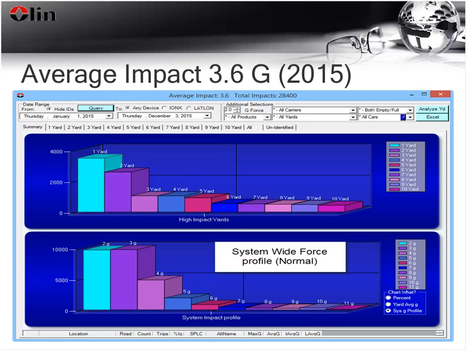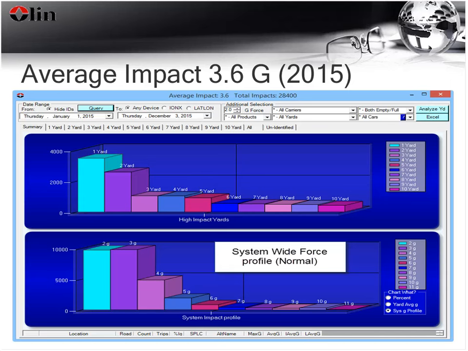That's a profile. And that's what you see in the bottom chart here. In this case, we saw 28,400 impacts over 3 Gs with an average impact of 3.6 Gs. And when you look at the bottom chart, this is a profile that shows you that the 2 and 3 G events were by far the most common impact events.